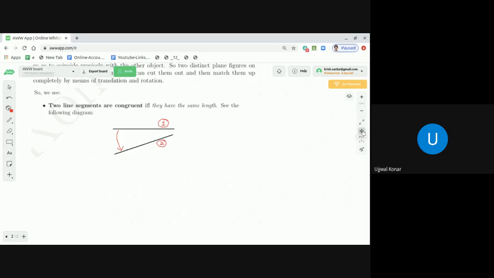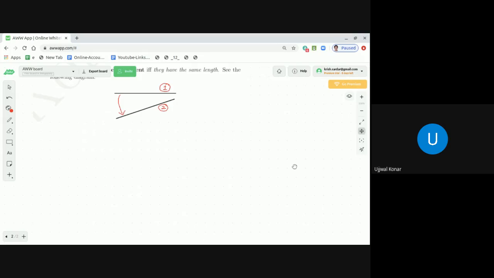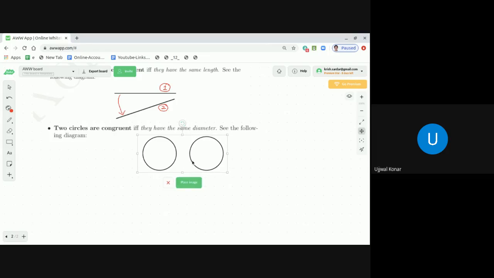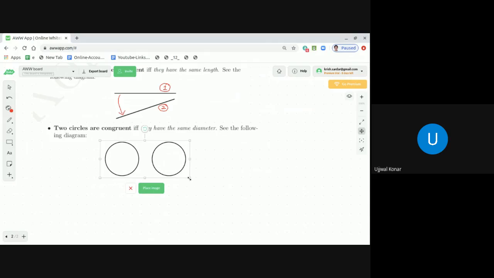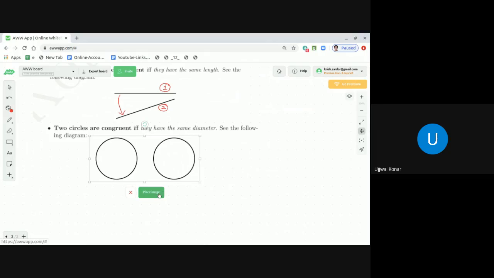I hope you understood by now how it looks when two circles have the same diameter. For example, if you look into these two circles, I'm just going to place them in front of you. Yes, dear students, these two circles are congruent to each other.